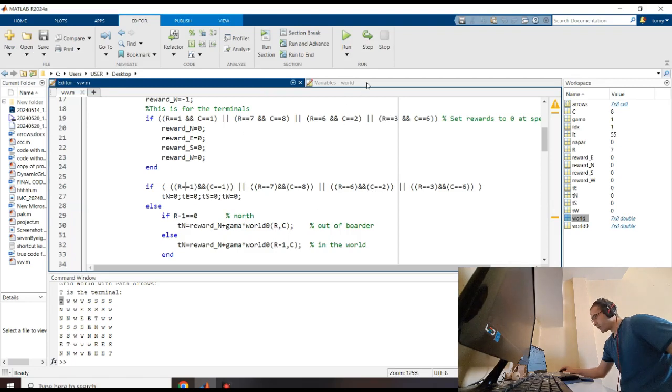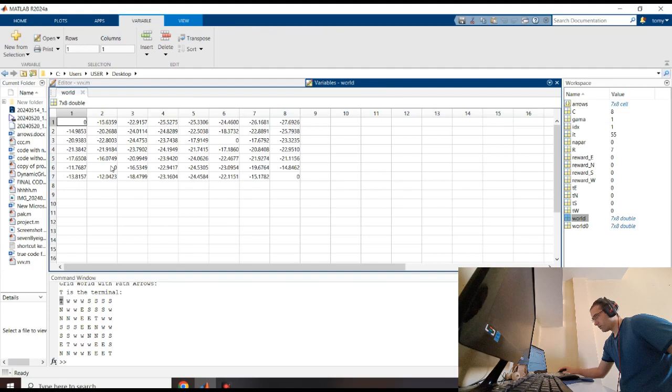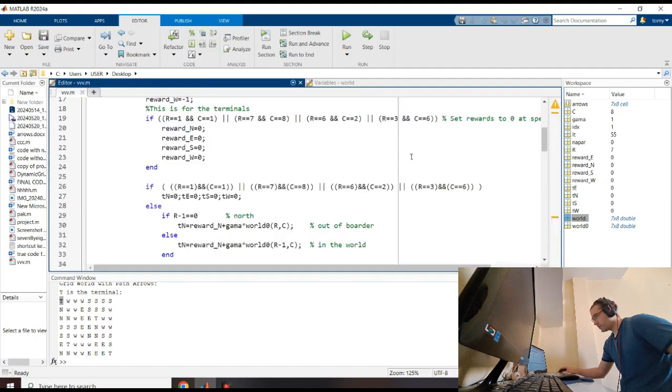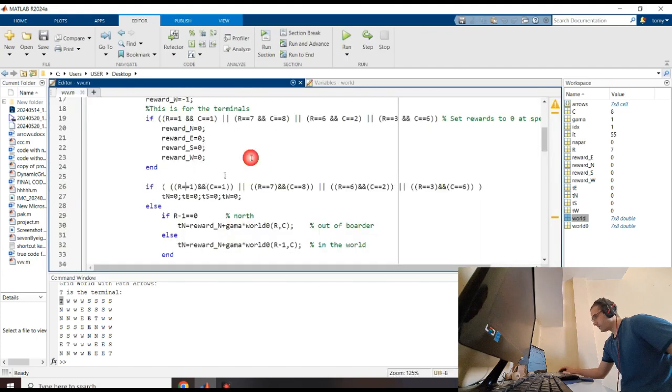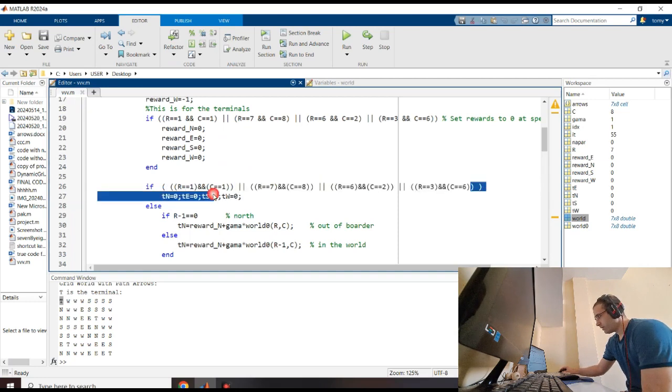Row 6, column 2. Row 3, column 6. Okay, so we mentioned all of these truly. And if we face the terminals, the directions should be equal to 0.